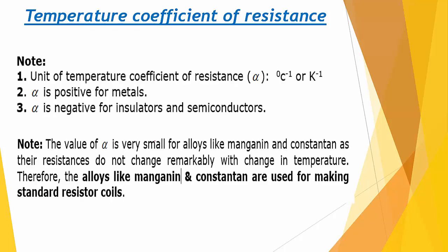Then observe the important note points here. The first point: the temperature coefficient of resistance SI unit is per degree Celsius or per Kelvin. Alpha value is positive for metals. Alpha value is negative for insulators and semiconductors. Why it is positive for metals and negative for semiconductors, you have studied in the last session, that is, the effect of temperature on metals, semiconductors and some alloys.